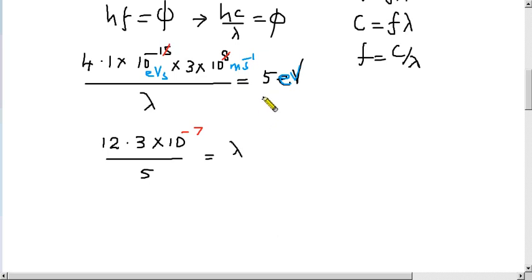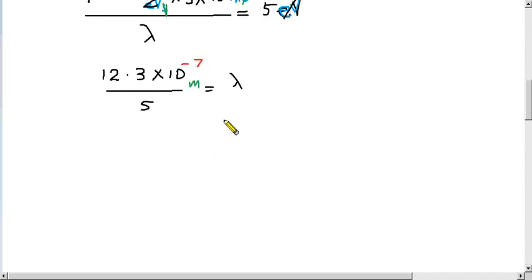So we can cancel this electron volt with this electron volt, and this second with this per second. Only m, that is meter, is what we get as the final unit.